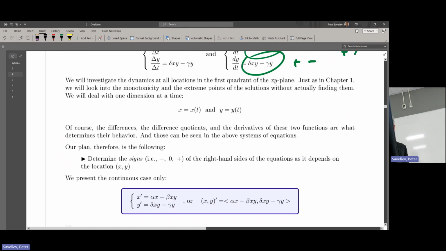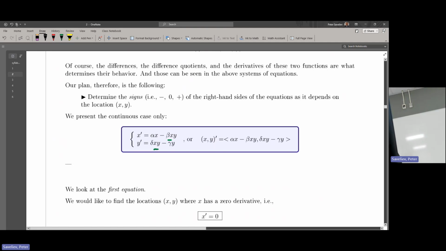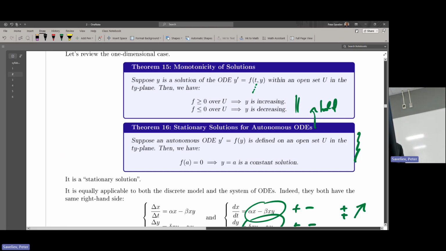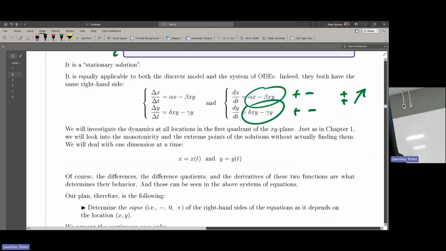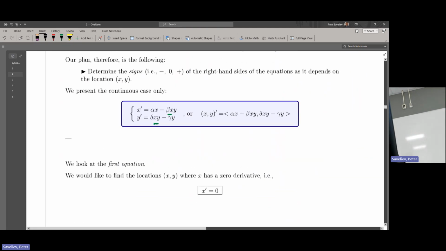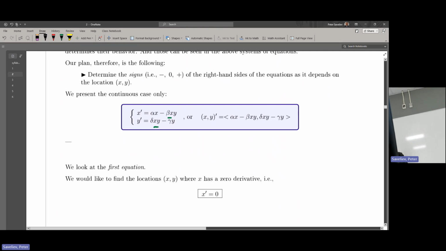Once again, these are my right-hand sides, and let's take a look at them. Remember we did the same story in the one-dimensional case. The points where the derivative is equal to 0 are important, because that's where the behavior might change. This is more complicated because there are two variables, but nonetheless we look at where the derivative of x is equal to 0 and the derivative of y is equal to 0.